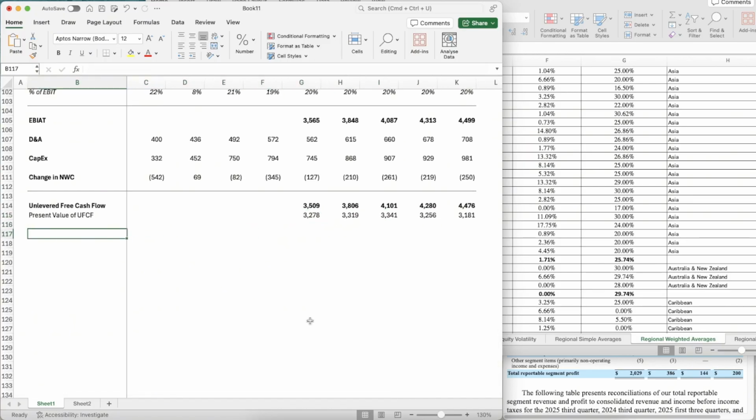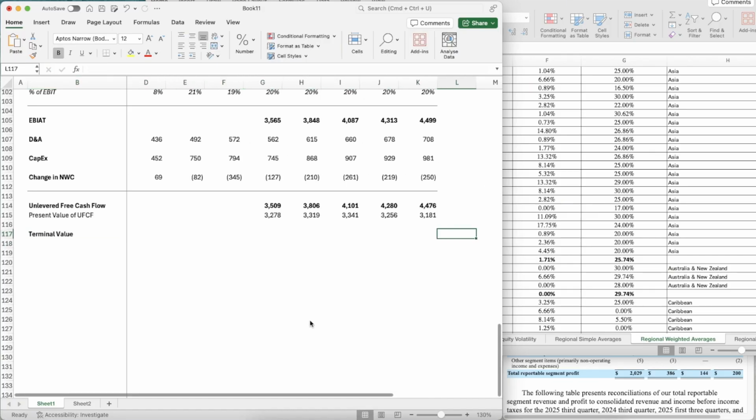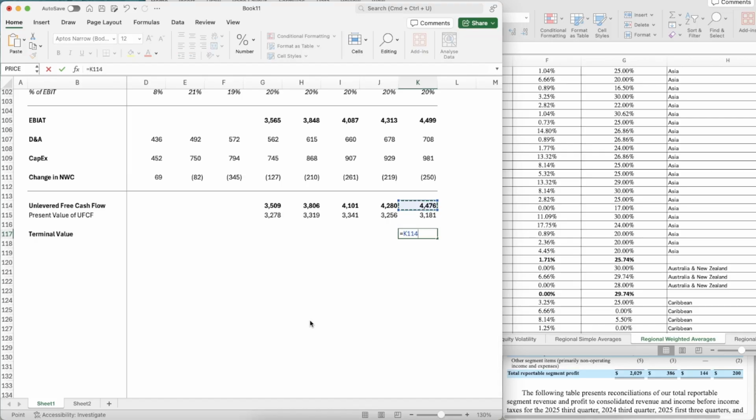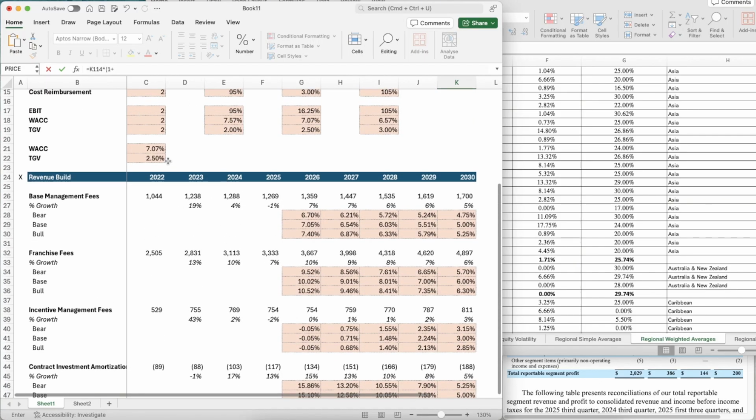Now, the next step is to calculate the terminal value. And that is done by you take your final year of unlevered free cash flow and you multiply it by 1 plus the terminal growth value. Then divide it by your WACC minus your terminal growth value.